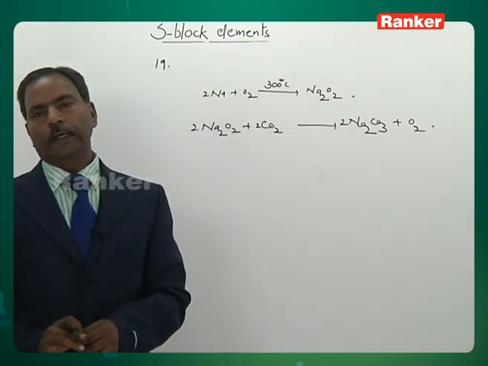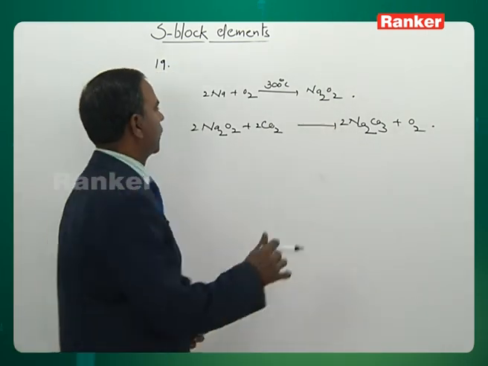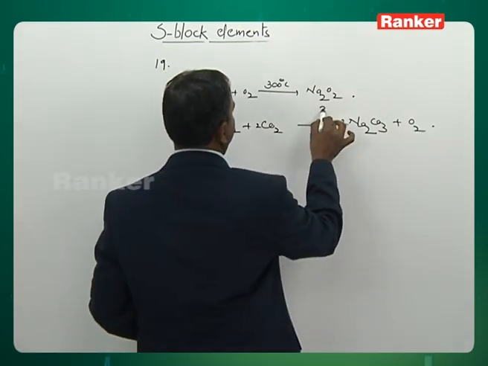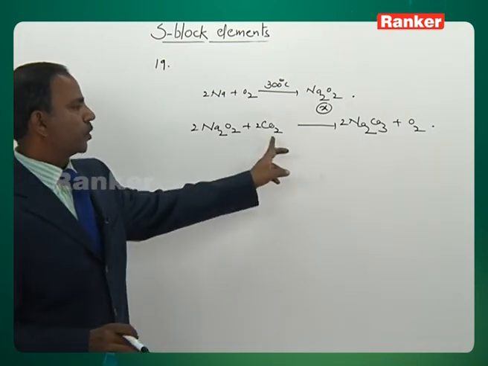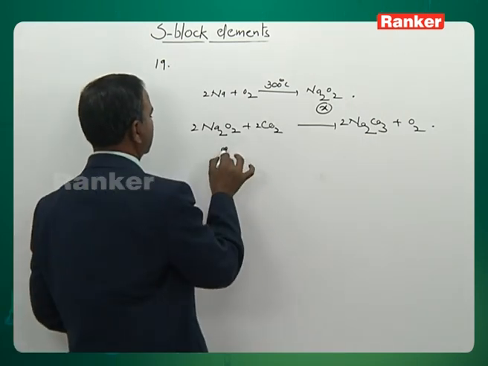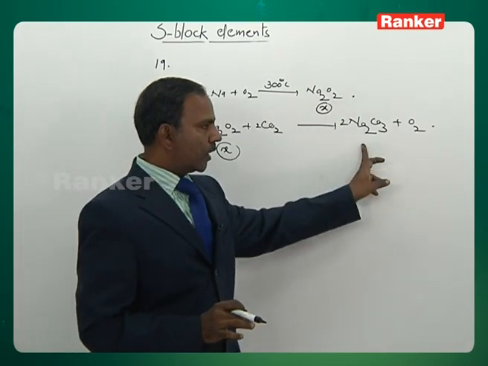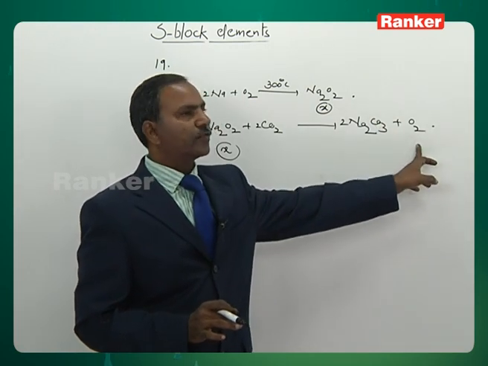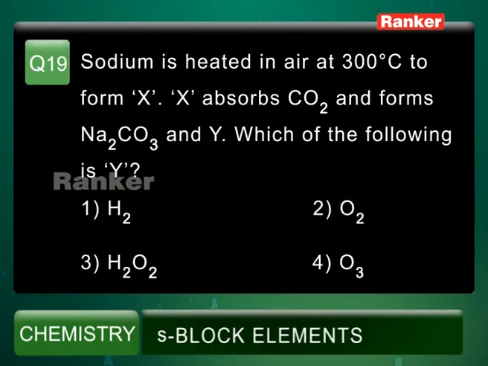Sodium on heating to 300 degrees centigrade gives sodium peroxide, which is X. This X absorbs CO2, giving rise to sodium carbonate and Y. What is the gas Y? Y is nothing but oxygen. So, for question number 19, the answer is 2.